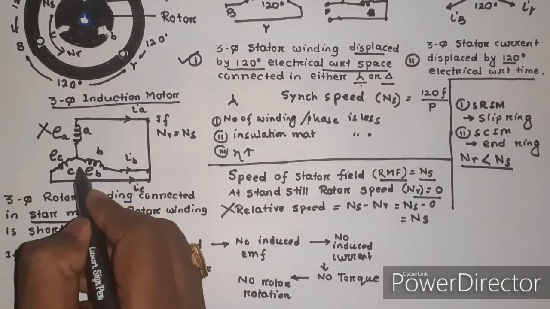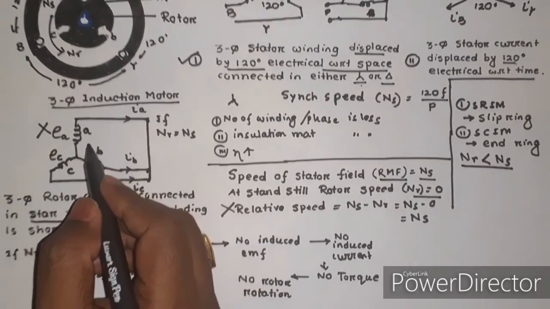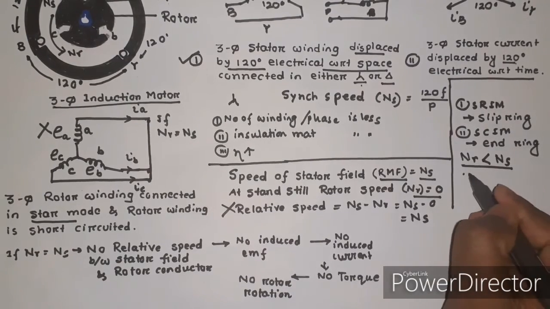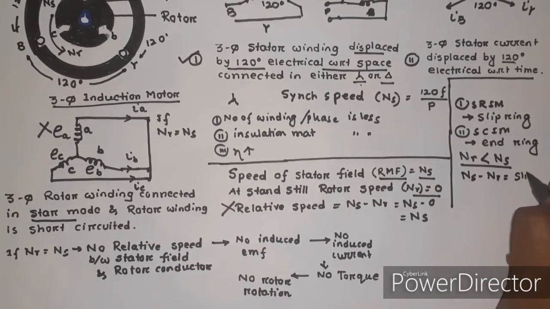No induced EMF, no induced current, no torque, no rotation. Therefore, ns should be greater than nr, and ns minus nr is called slip speed.